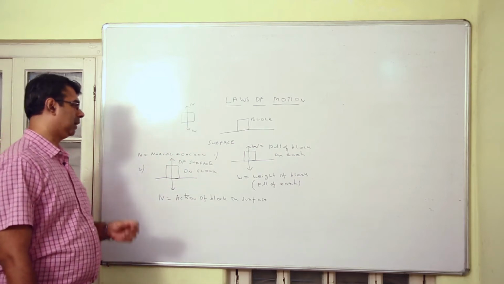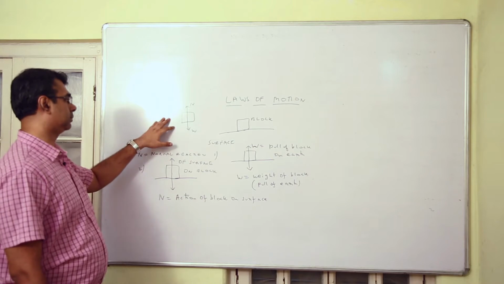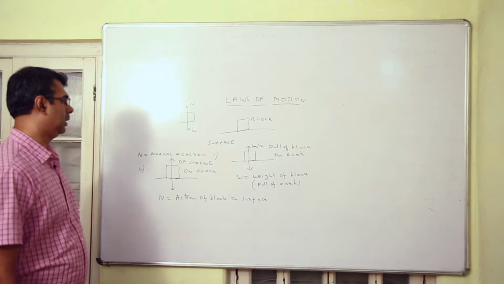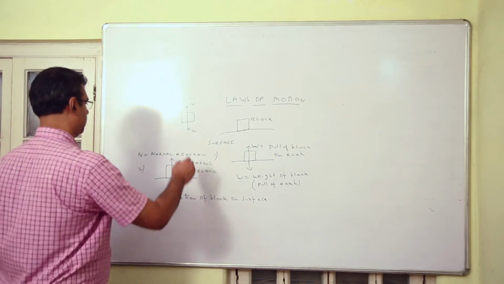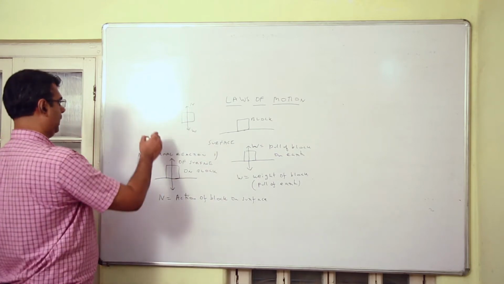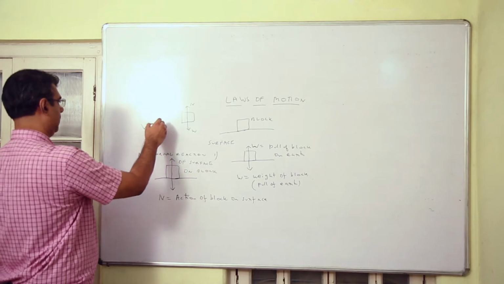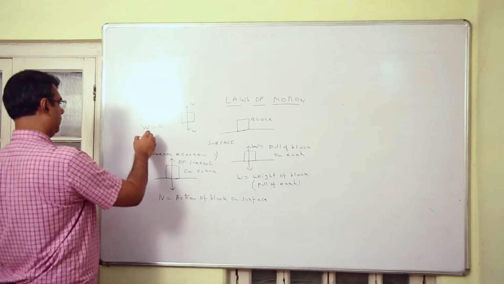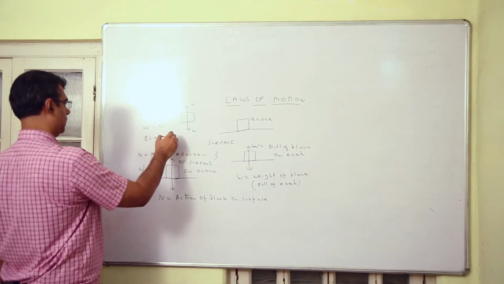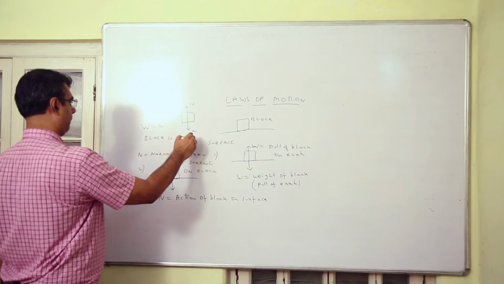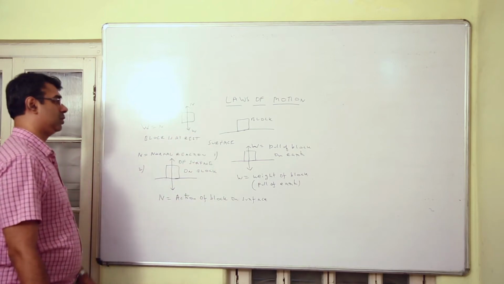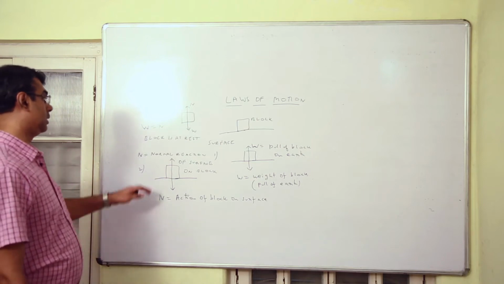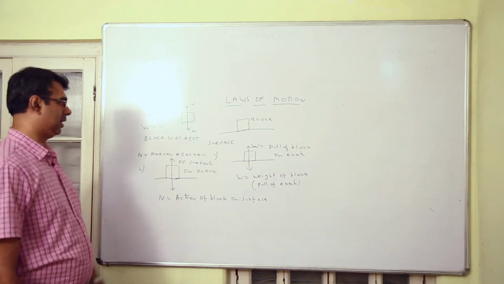And the other thing is that if you consider W and N as acting on this block, then you will see that W and N have to be equal and opposite. Why? Because the block is at rest. So there is no doubt that W and N are equal and opposite. That is why the block is at rest.